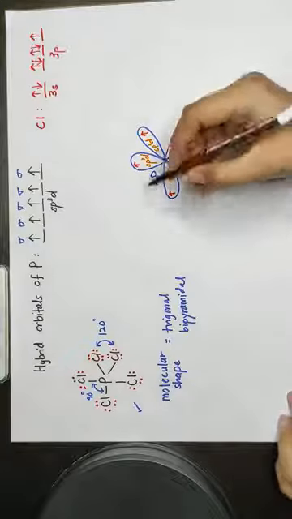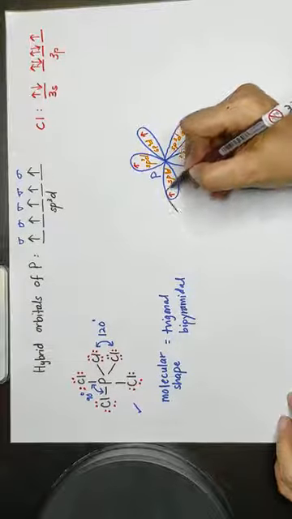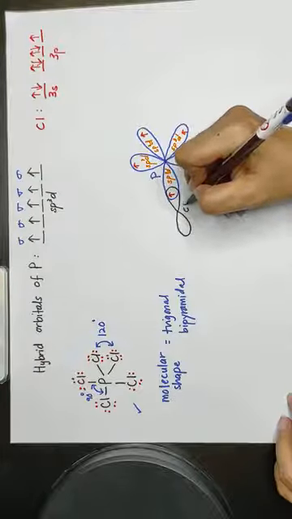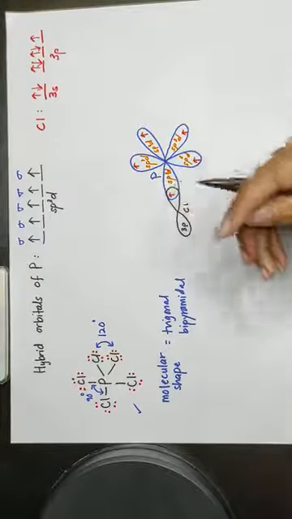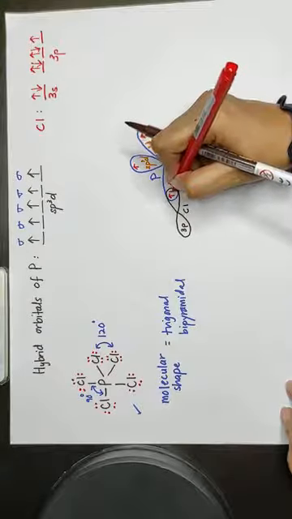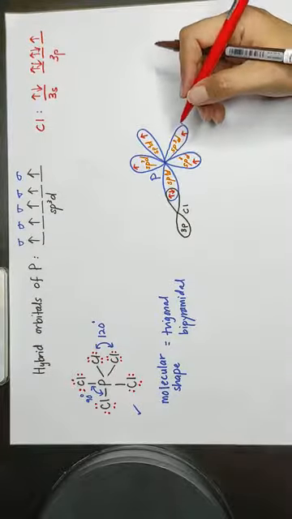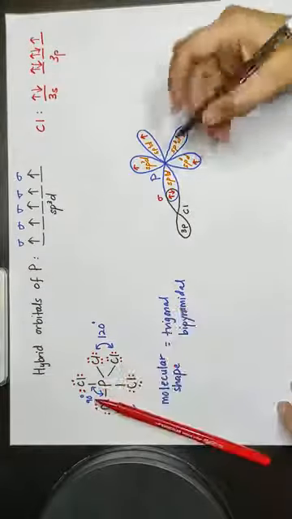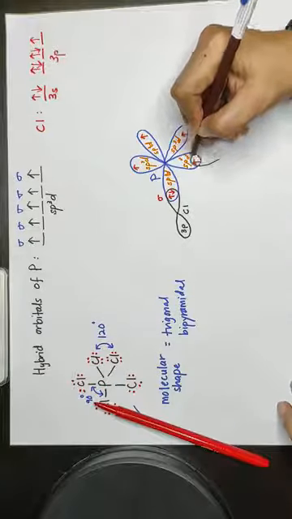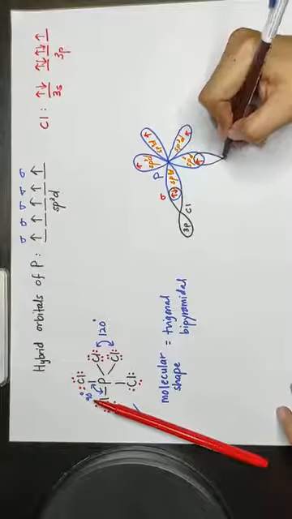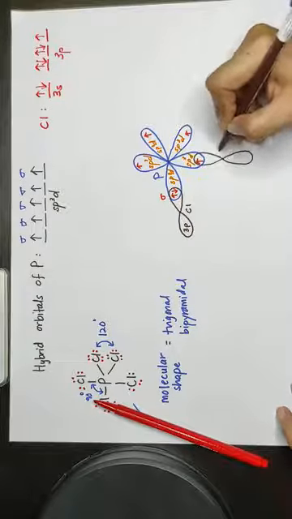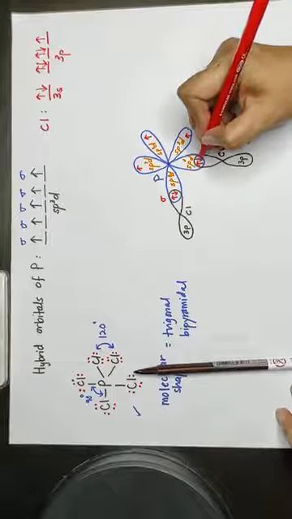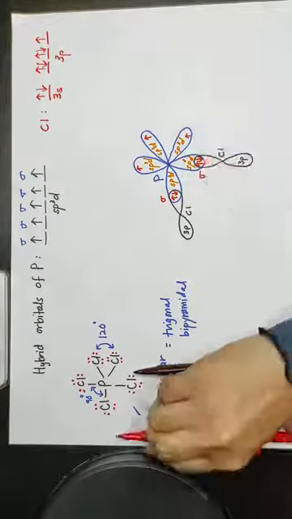The 3p orbitals overlap end-to-end. This is chlorine, 3p, with an unpaired electron of opposite spin. Shared electrons, so 1 sigma bond is produced. Next, continue. Chlorine, 3p, shared electrons, sigma.